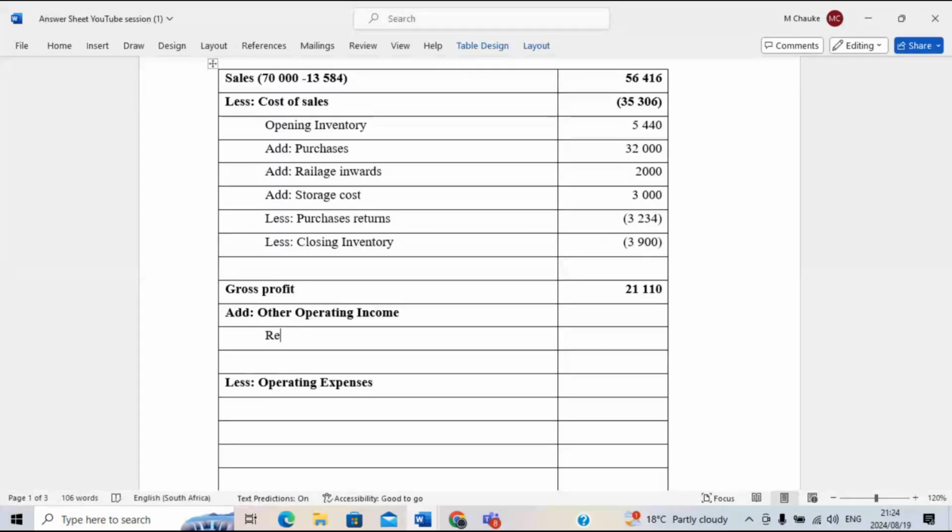How do we calculate gross profit? Gross profit, we are saying sales amount, which is 56,416 minus 35,306 of cost of sales. In order for you to calculate gross profit, I repeat, you're gonna say sales less cost of sales, we get our gross profit. I hope you got that.